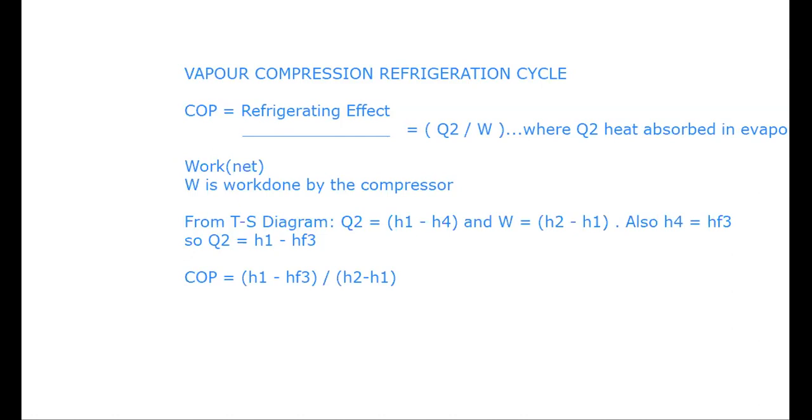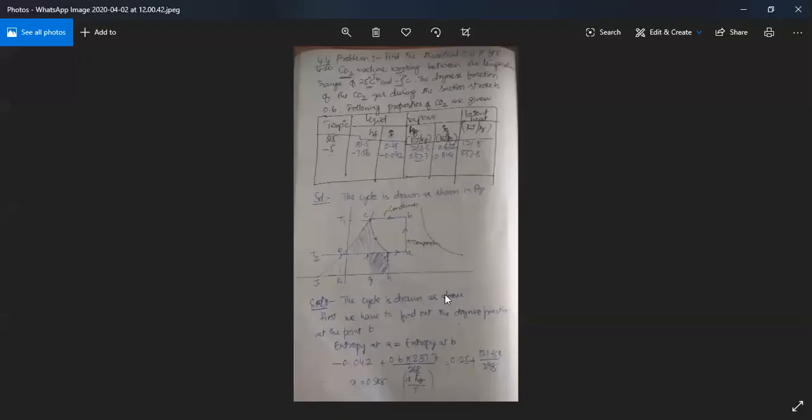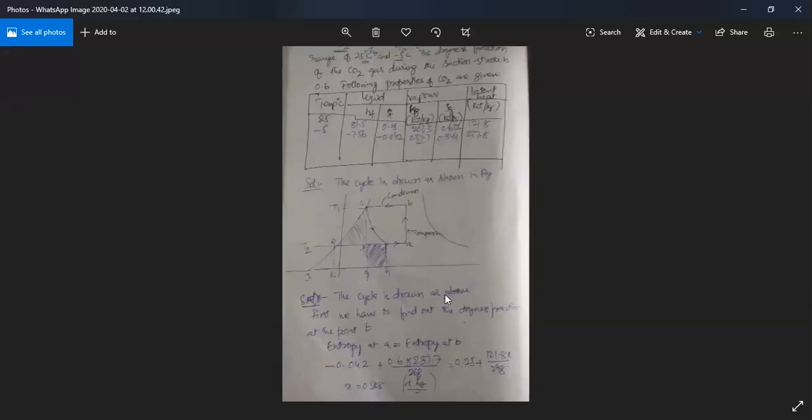Can you see it? Any problem? Come back to the Zoom. Okay, Zoom, I have shared the same problem.